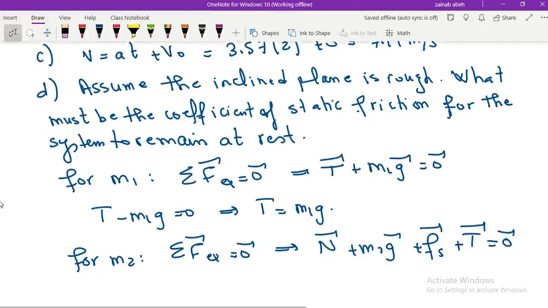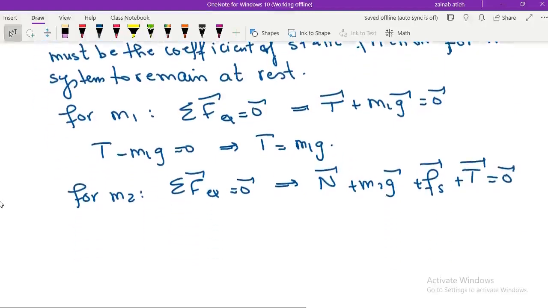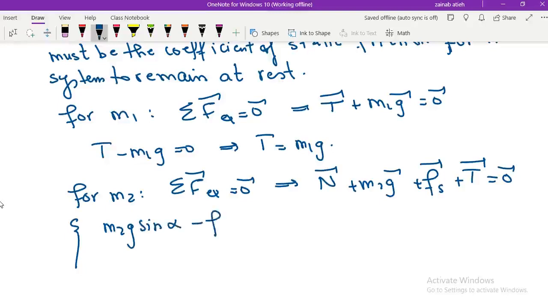So projecting along x and along y will give me 0. Along x I have M2G sin alpha, then opposite to the motion minus static friction, minus T, all equal to 0. Along the vertical I have N minus M2G cosine alpha equal to 0.